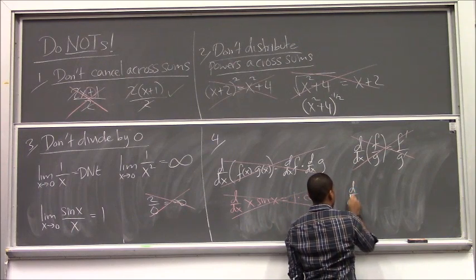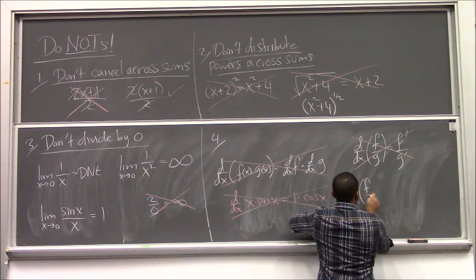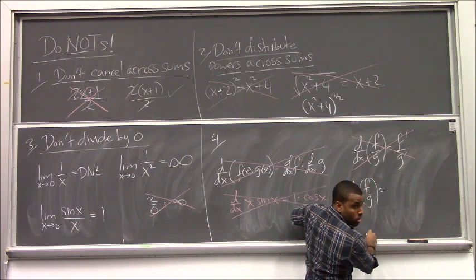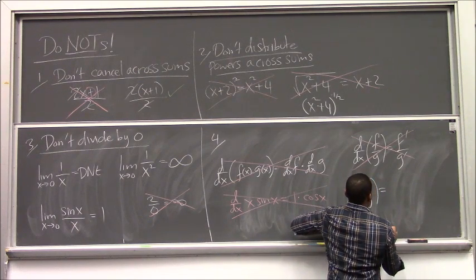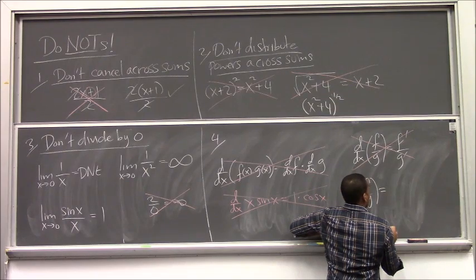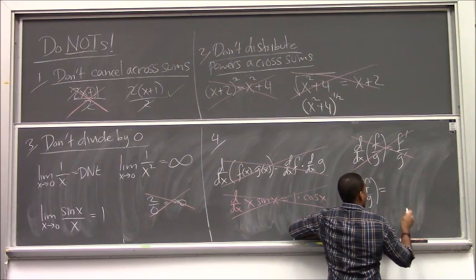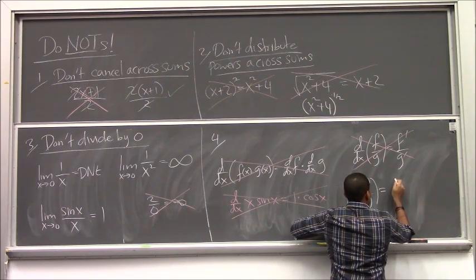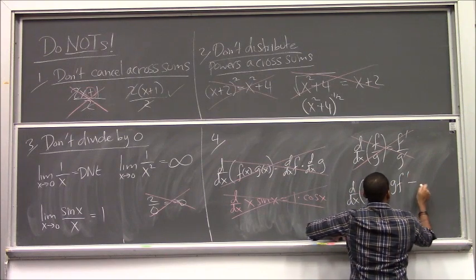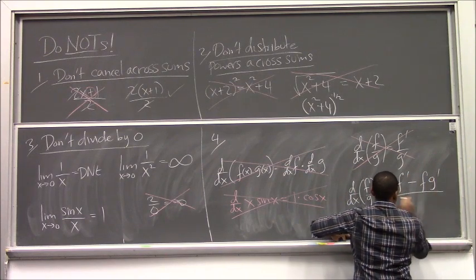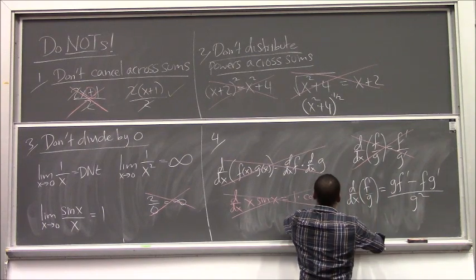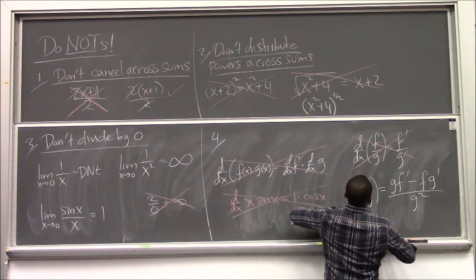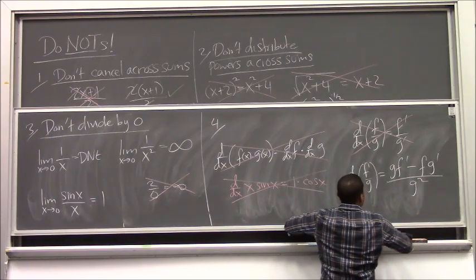The derivative of f over g is g f prime minus f g prime, over g squared. Of course, your g cannot be 0. So it's bottom times derivative of top, minus top times derivative of bottom, over the bottom squared.